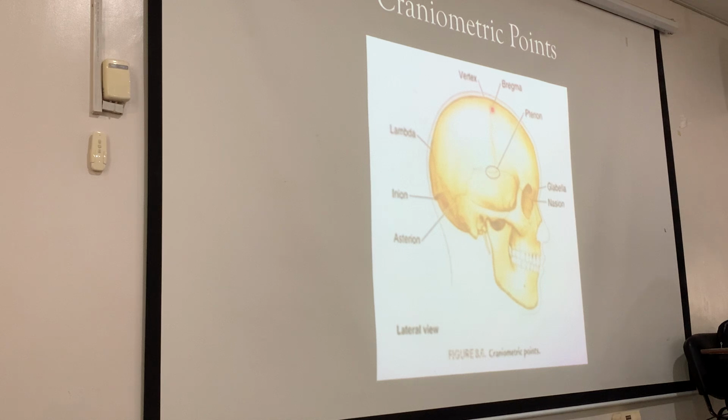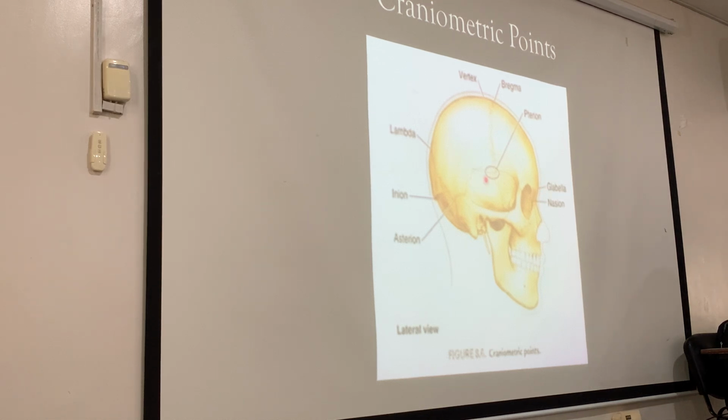And then the vertex is the topmost portion of the head, of the cranium. The glabella is the area right between the eyes. And then inferior, you have the nasion, where the nasal bones meet. So those are palpable landmarks.